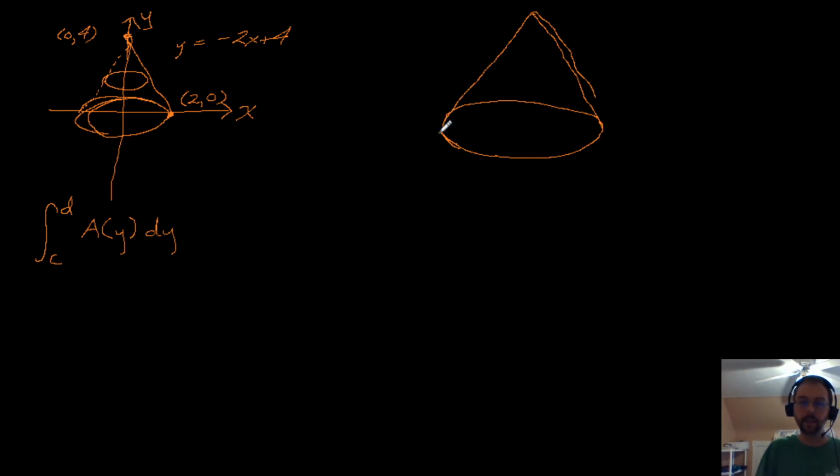We could take and turn this into a little cylinder like this, and calculate for this volume, then calculate for this volume, calculate for this volume, and so on.